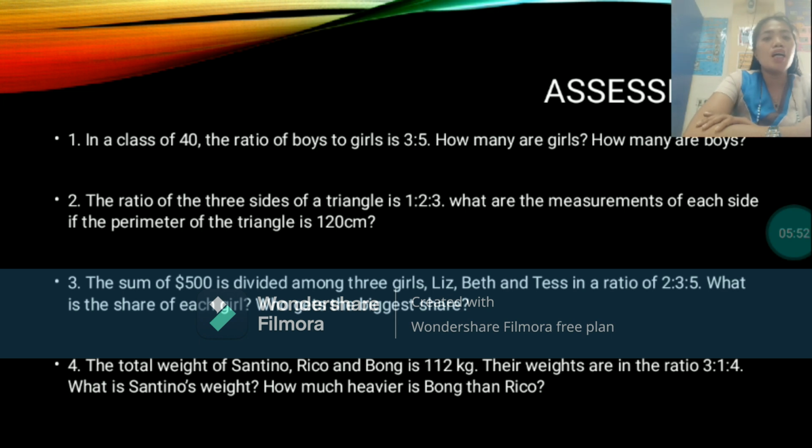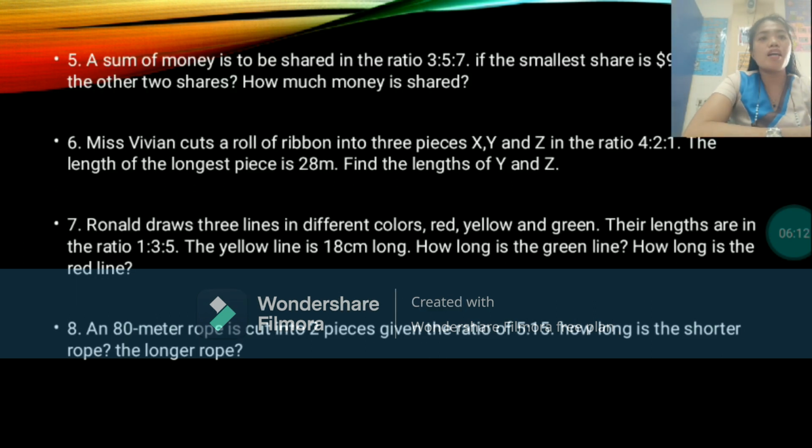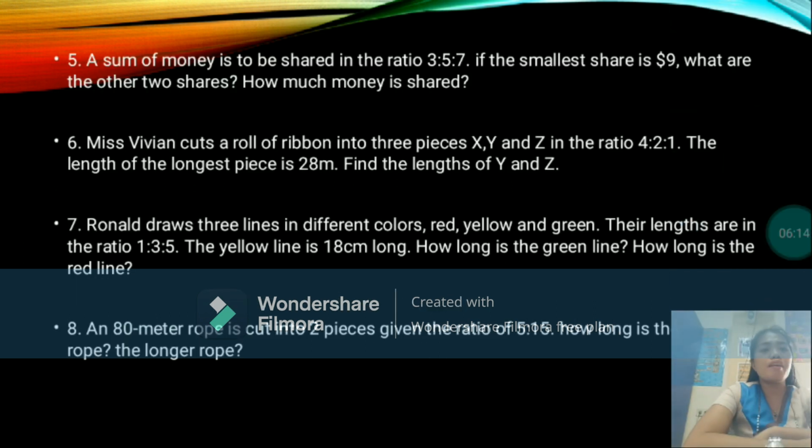Number 4. The total weight of Santino, Rico, and Bong is 112 kilograms. Their weights are in the ratio 3 is to 1 is to 4. What is Santino's weight? How much heavier is Bong than Rico? Okay, number 5. A sum of money is to be shared in the ratio 3 is to 5 is to 7.